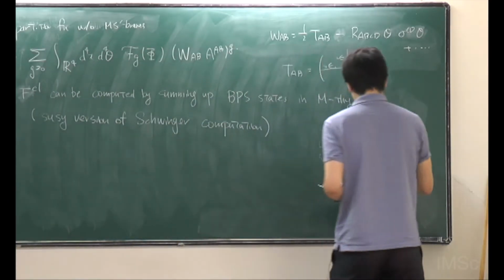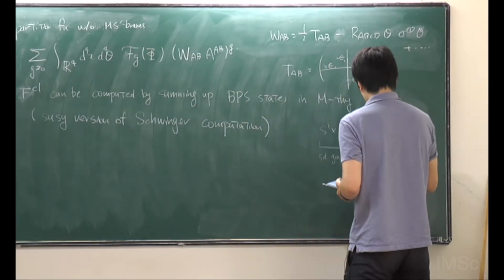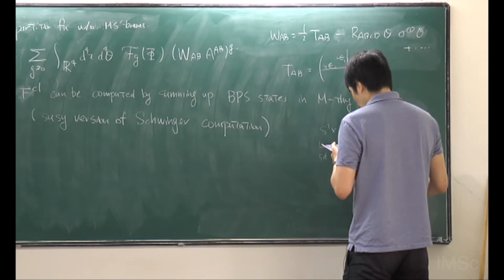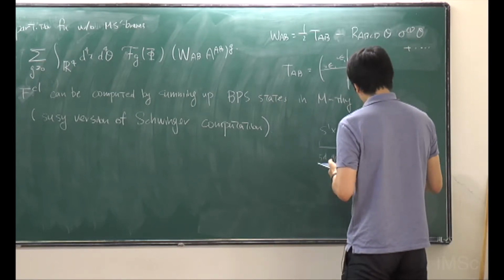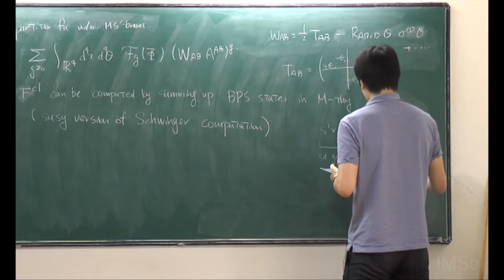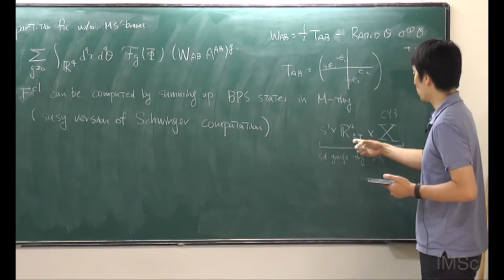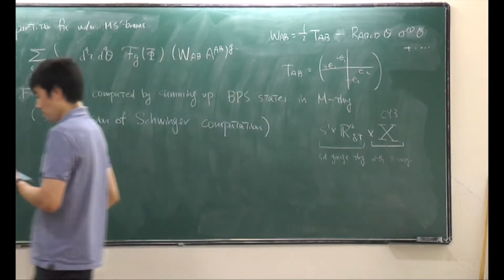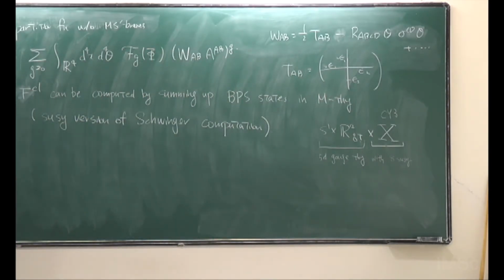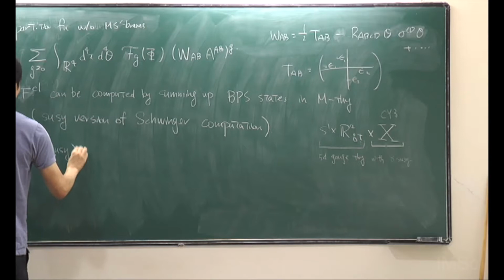The whole system only preserves 4 supercharges, so it breaks half of the supersymmetry because of the Omega background. Therefore, let's consider the following 5D perspective. This is the SUSY algebra in 5D, with 8 supercharges.